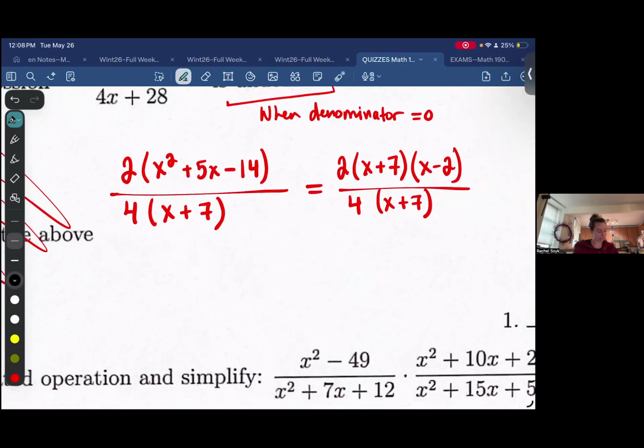And then let's simplify. 2 goes into 2 once, 2 goes into 4 twice, so we can rewrite this as x plus 7, x minus 2, all over x plus 7.